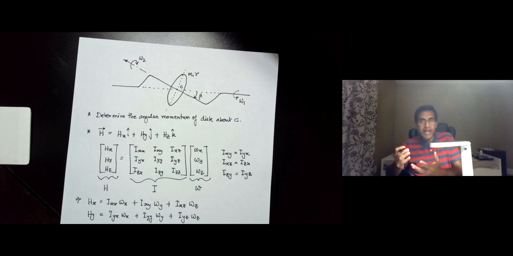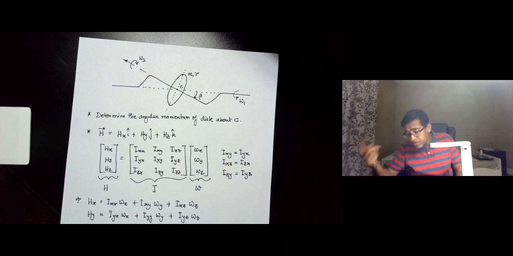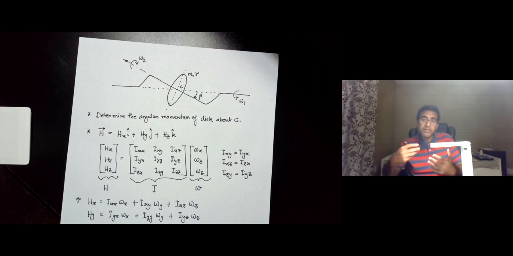So with respect to the axes, it does not see any change in the moment of inertia calculated about x, y, and z, and neither does it see any change in the product of inertia terms Ixy, Iyz, and Ixz. And that's good, because when you take the rate of change of angular momentum, you don't have to differentiate the moment of inertia quantities.